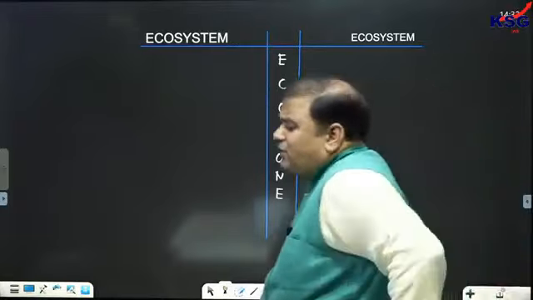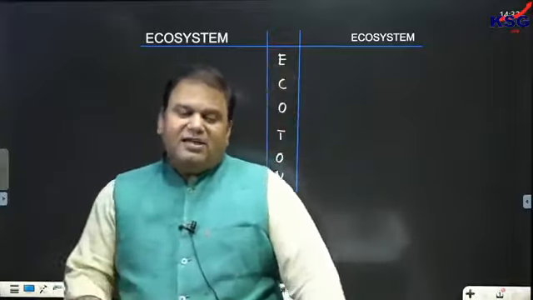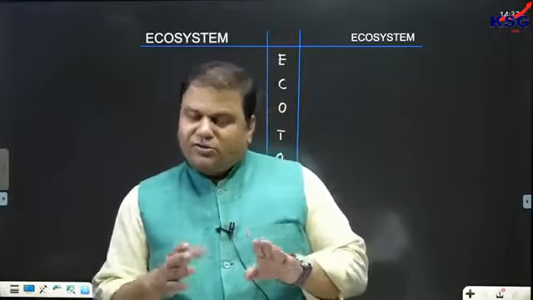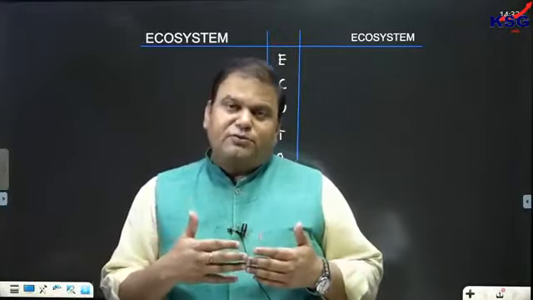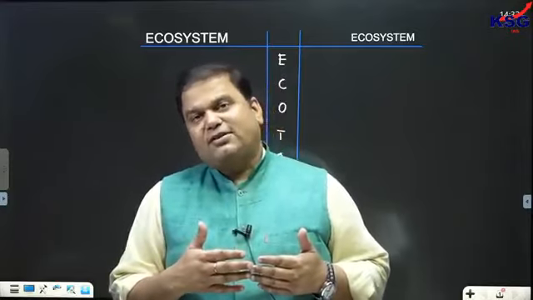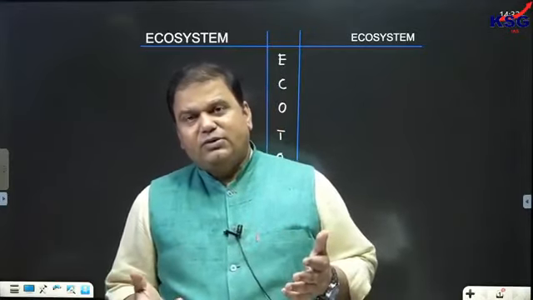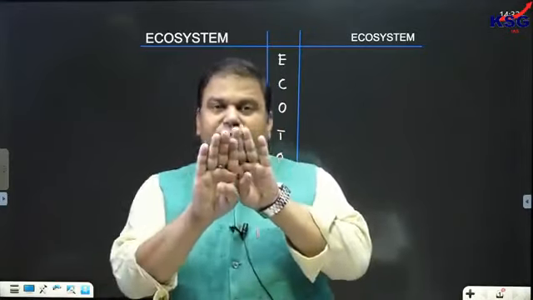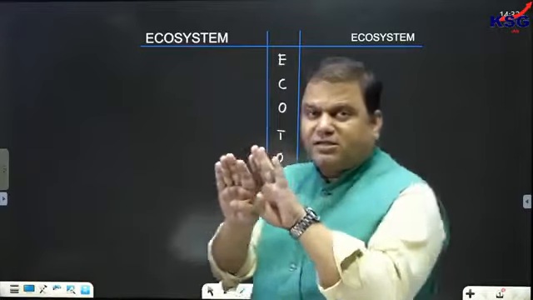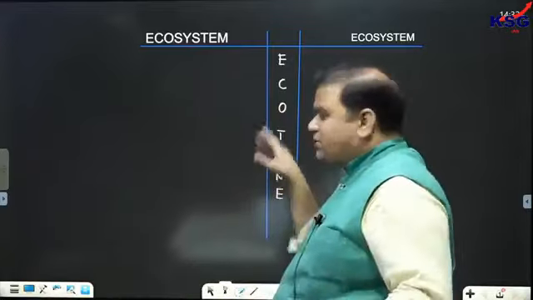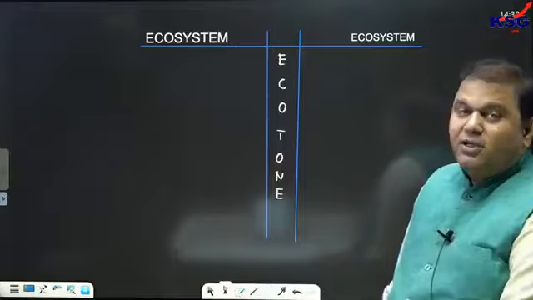The third thing about ecotone is what? In this area, it's not only a zone of competition, because the members of two ecosystems would be striving hard for their survival, it's a transitional zone also. And in this area, the margins of two ecosystems are overlapping with each other. So if the margins overlap, what will happen?